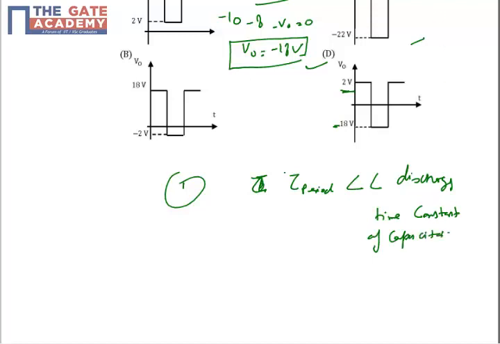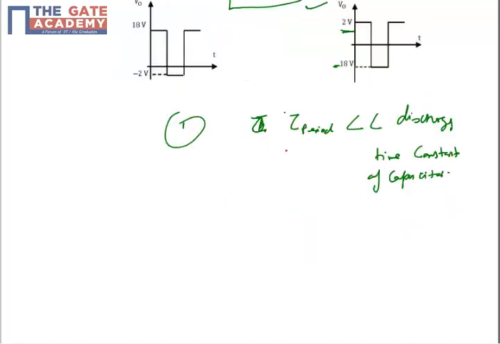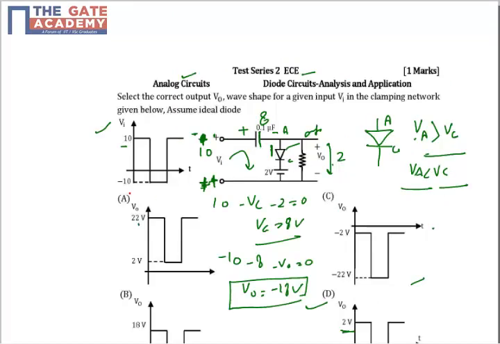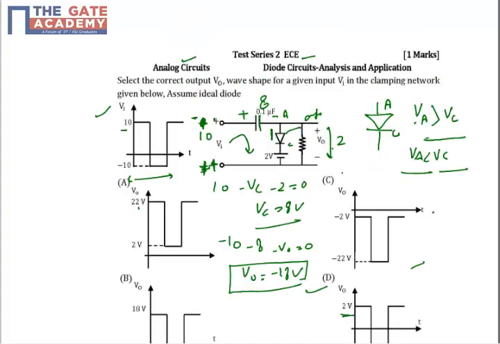The clamping network always works on this principle: whatever the input period of your waveform is, it will be very small compared to the discharging time constant of your capacitor. Why is this assumption important? Because in the positive half period my capacitor is charged to 8 volt, and I am considering the entire 8 volt in the negative half cycle.